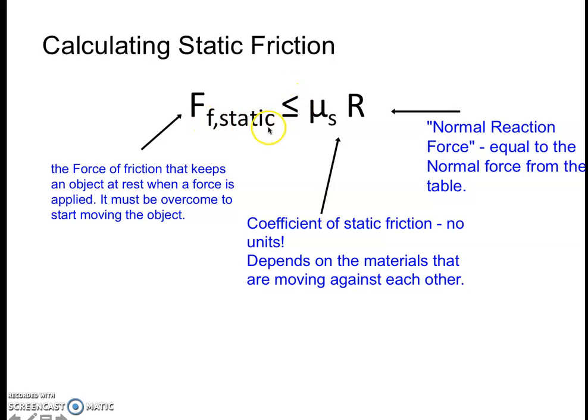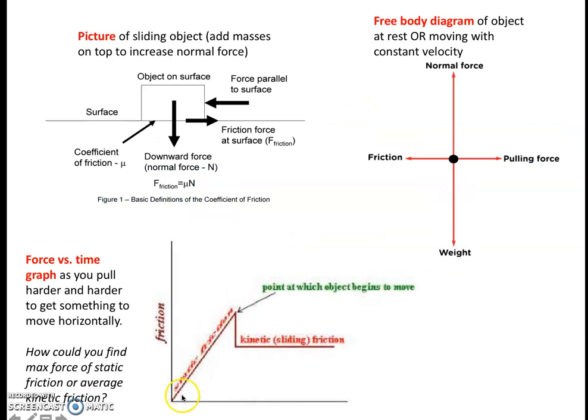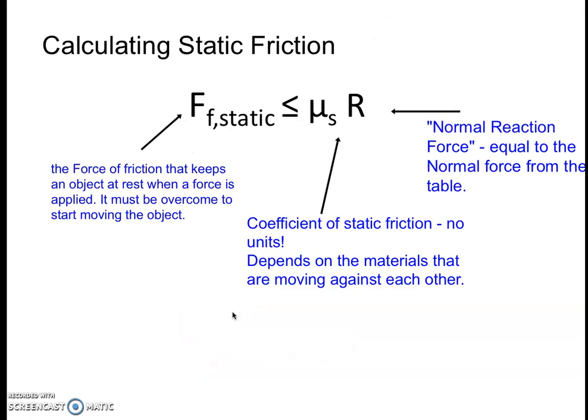Our static frictional force is less than or equal to the coefficient of static friction times the normal force. That is because the static friction changes based on how much force is being applied to that object. If you're just pushing really gently on an object, the static frictional force is going to be equal to that push.